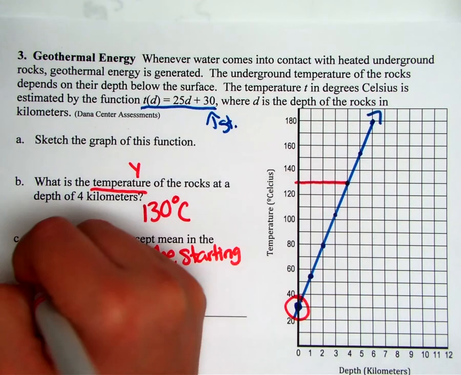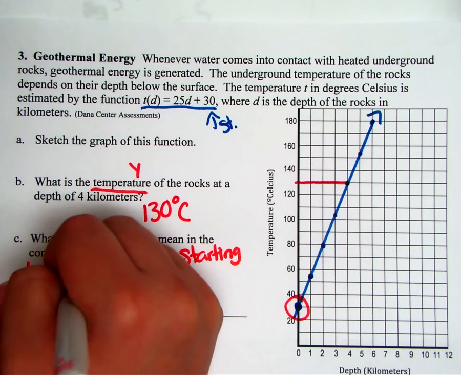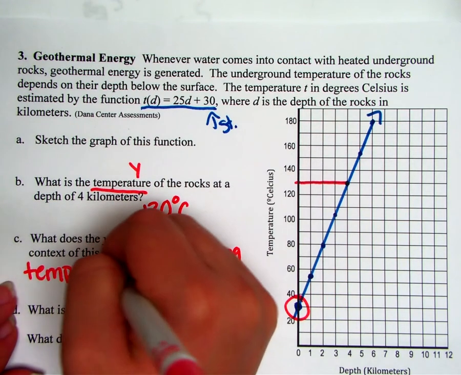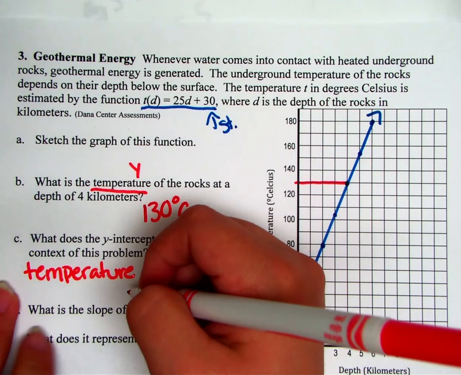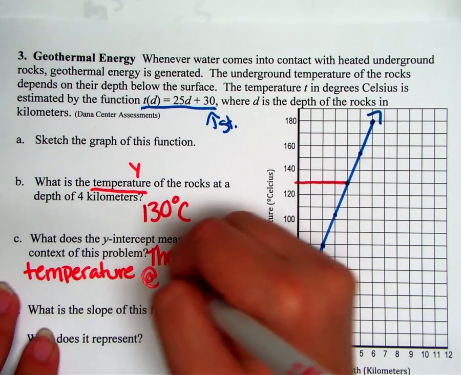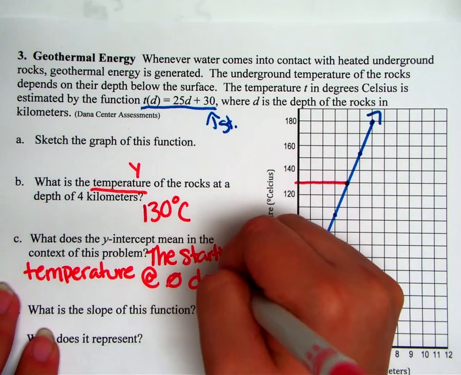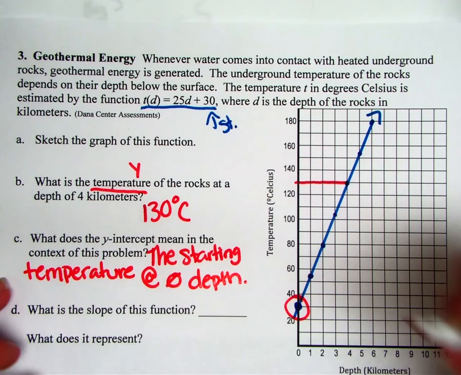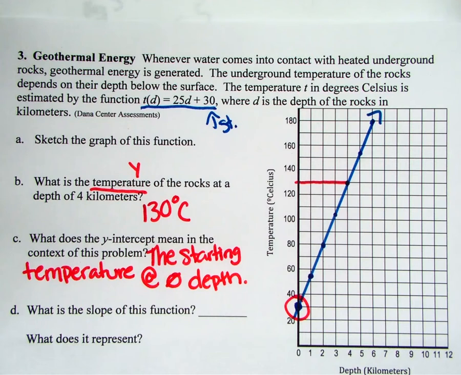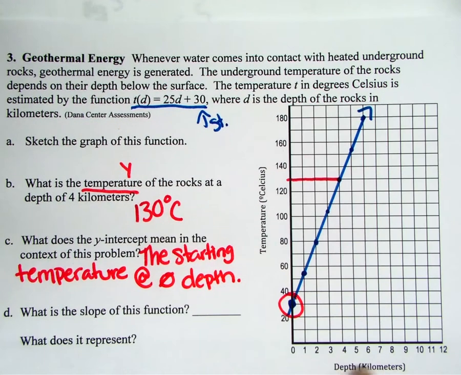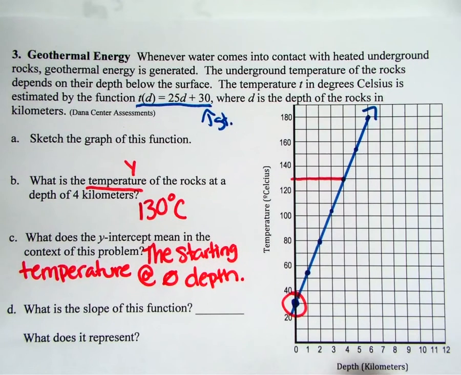The starting temperature at 0 depth, because if we look at the x, it is at 0 kilometers. That's how deep it is.